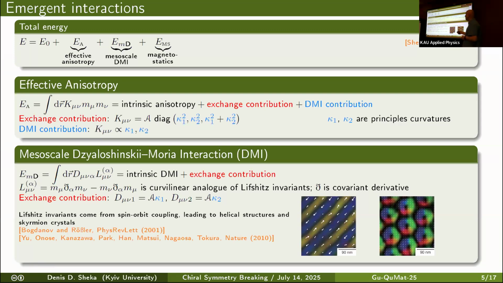Here E-naught is the energy term which does not depend on the geometrical properties of the local curvature. The next term, effective anisotropy, contains the effects of intrinsic magnetocrystalline anisotropy and geometrical extrinsic effects. They can come from exchange interaction.